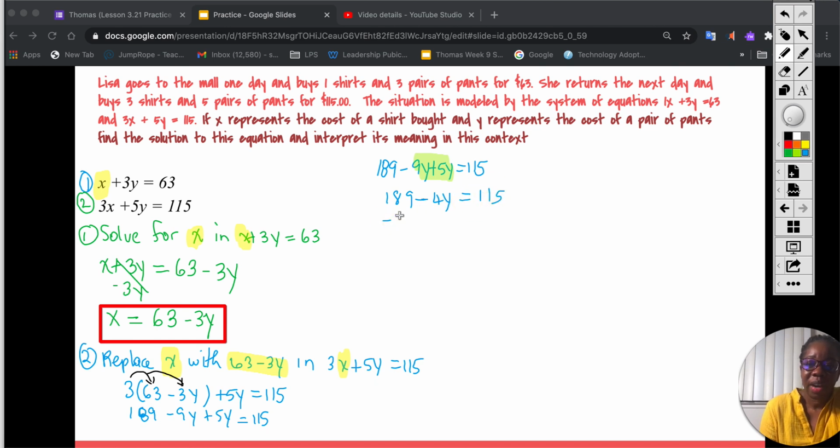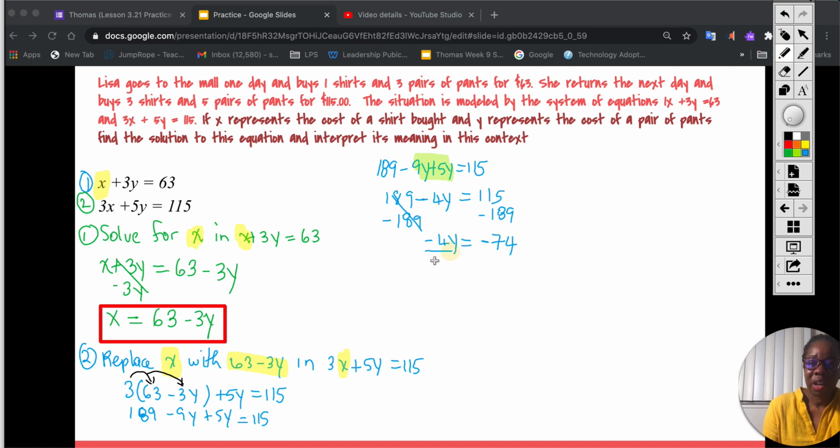Next, we're going to subtract 189 from both sides because the aim is to get that y by itself. So the result is negative 4y is equal to, when we take 189 from 115, we're taking a larger number from a smaller number, so we end up with a negative. So that's going to be negative 74.